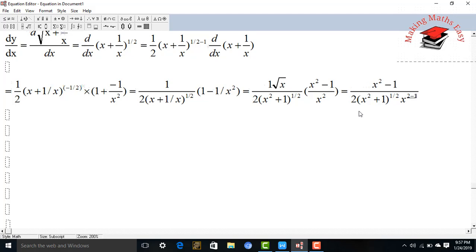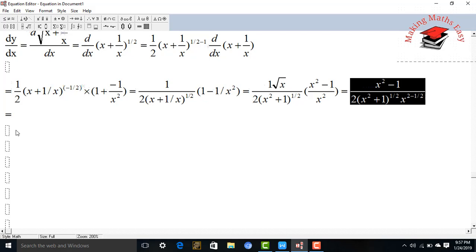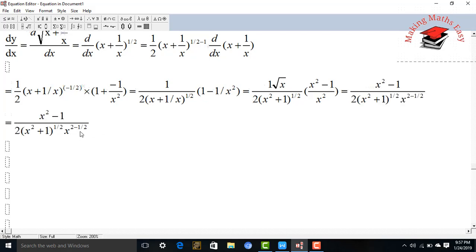Because it is a square root, this will go in the denominator, and it will become 2 minus half according to the law of indices. So my answer will be x raised to 3 by 2. So this is my answer. 2 minus half gives me 3 by 2. So this is my final answer.